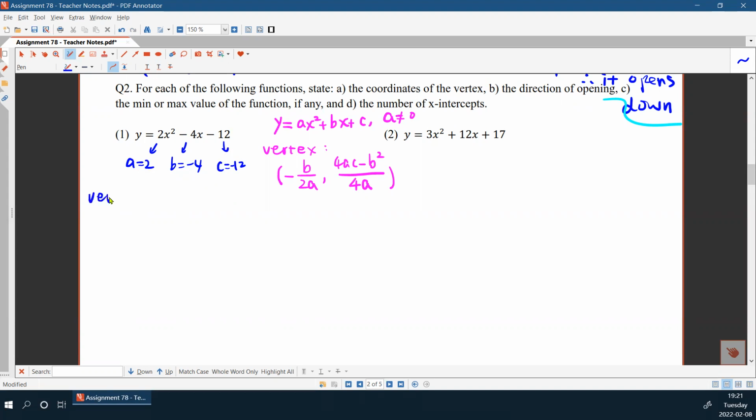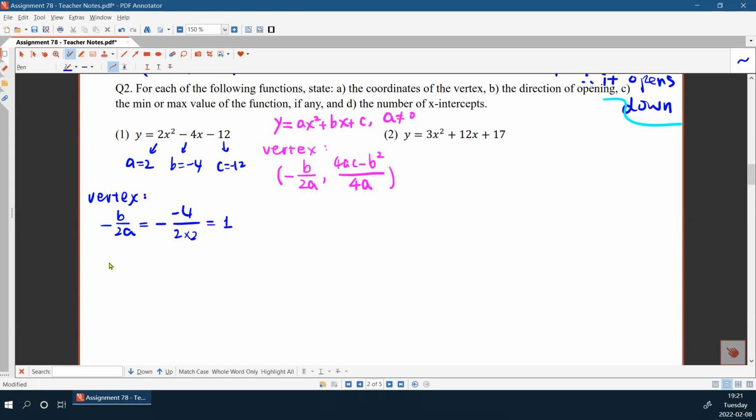So the vertex, I calculate using -b over 2a, right? This is the x coordinate, where b is -4, and 2a is 2 by 2, and this will give you 1.